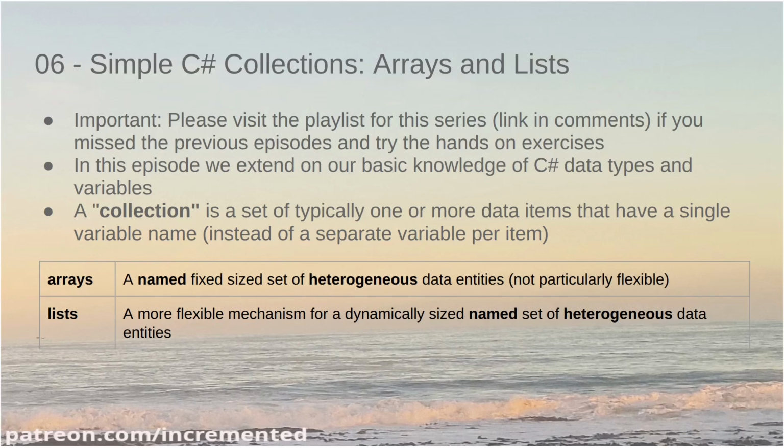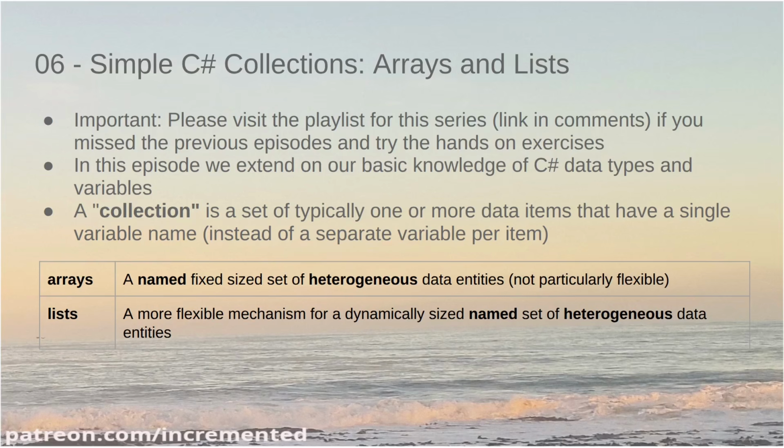In this episode, we're going to expand on that by looking at two ways that we can use what are known as collections of data types in order to make working with multiple values of certain types of variables easier. And that's what collections are for.